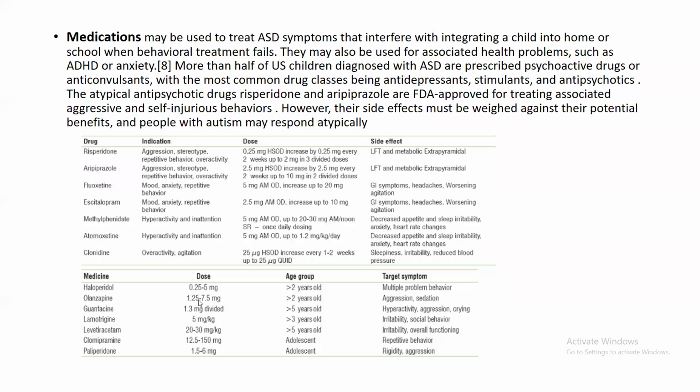Olanzapine, 1.25 to 7.5 mg, and these drugs are more likely to be used for children over the age of 2 years old to 5 years old, or the last two drugs are used also for adolescents for repetitive behavior, irritability, overall functioning, social behavior, sedation, and all those symptoms of the ASD.